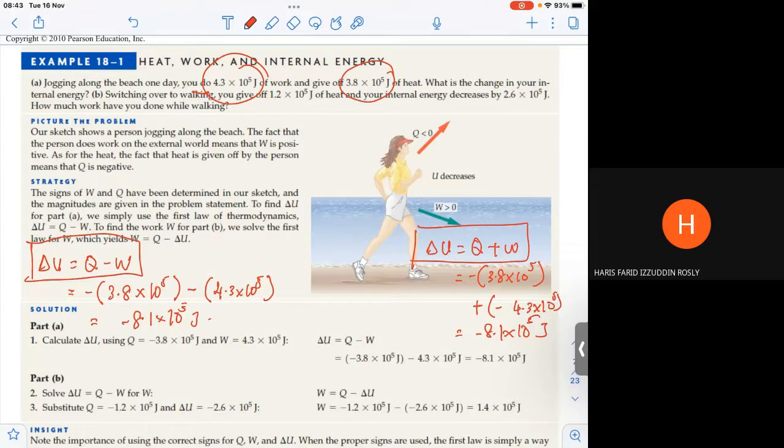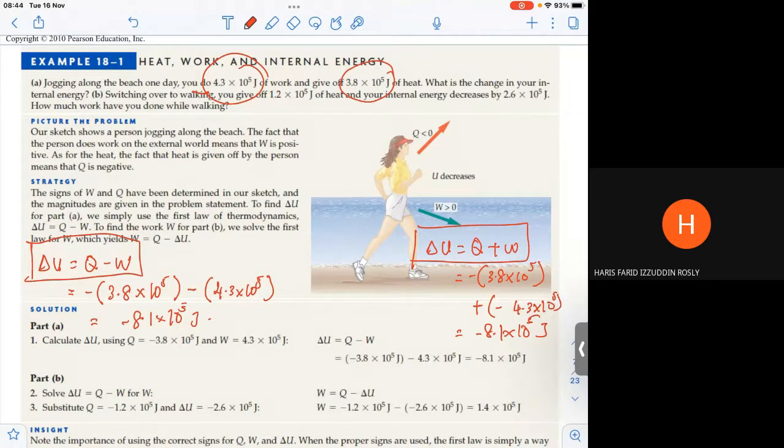Maybe after we finish this chapter, you need to watch again and again to understand the concepts of thermodynamics. It's very useful for you. So the question is, how much work have you done while walking?